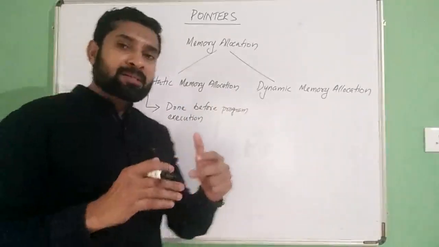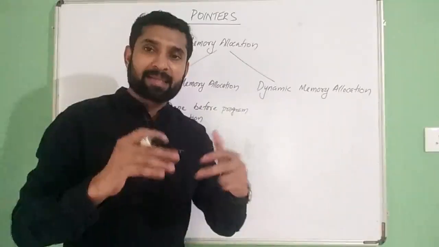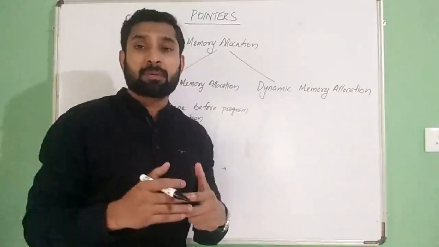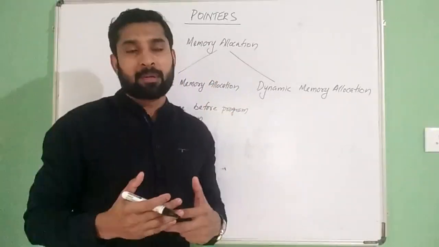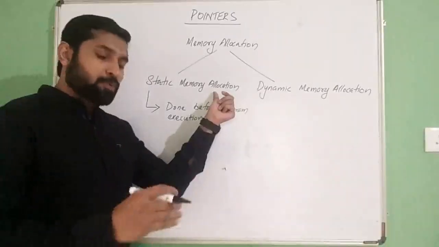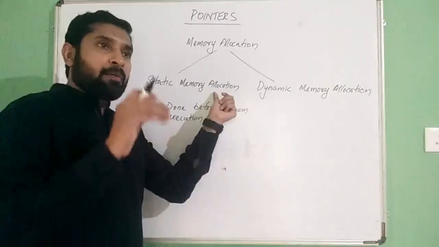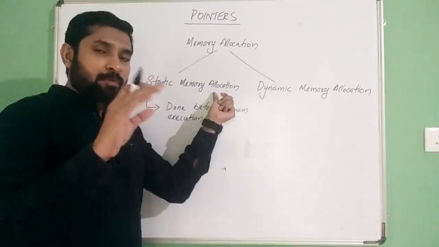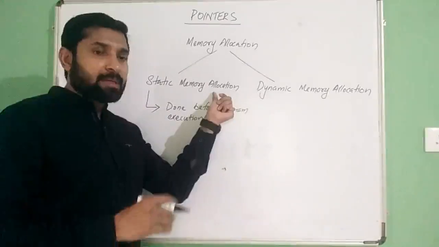So the memory once allocated is done. We cannot allocate more memory during program execution. This is one of the limitations of static memory allocation. Suppose we have allocated 10 locations and we are expecting a maximum of 10 data.